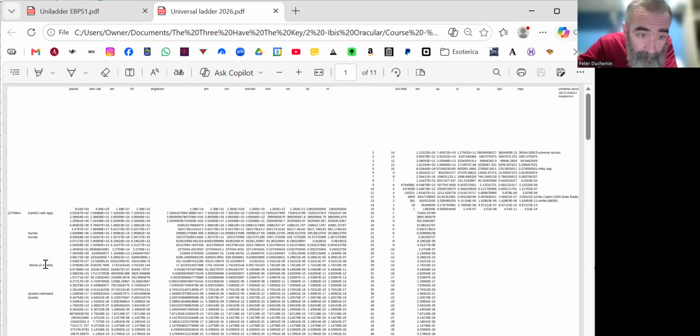And then you zoom down further. So we're going to use this number here instead. Instead of leaps from the baseline, we're actually just going to talk about the unilateral. So on the unilateral rung 29, you get atoms, and they will occupy about two to four cells of that.